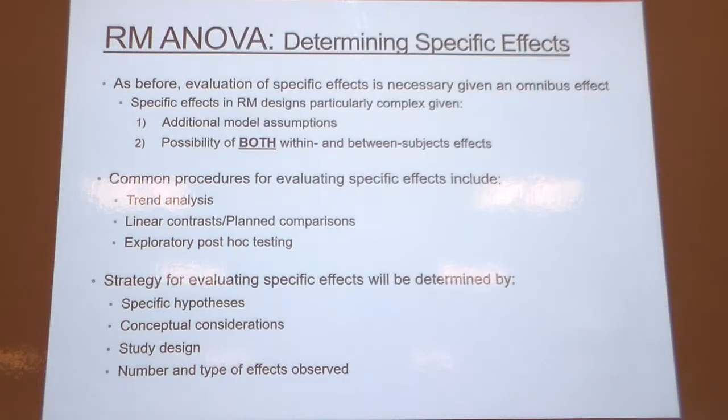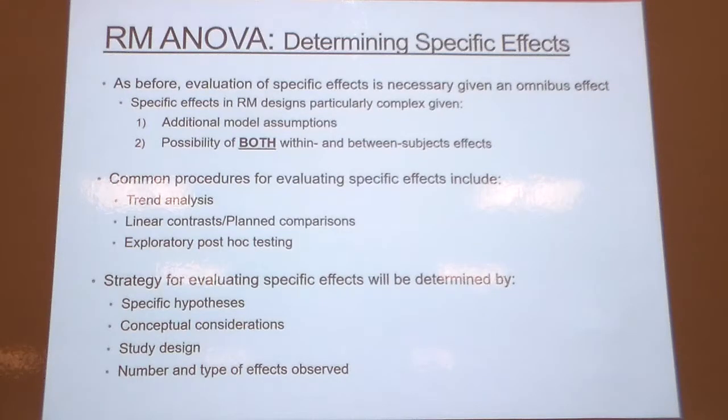For our ordered means, like our depression example, we probably have some idea of how those scores should change over time, right? We should see a linear trend of these scores over time. Trend analysis is a way to test whether or not we have evidence of a linear trend, potentially a quadratic trend. Things beyond that get kind of crazy. We don't often use those. But with ordered means, we can use this.